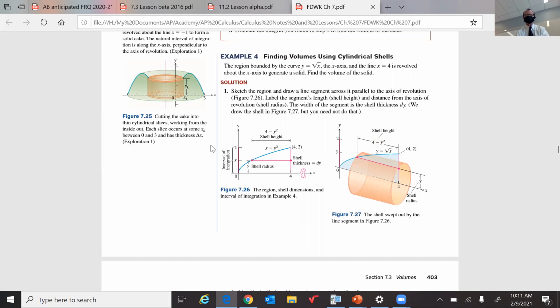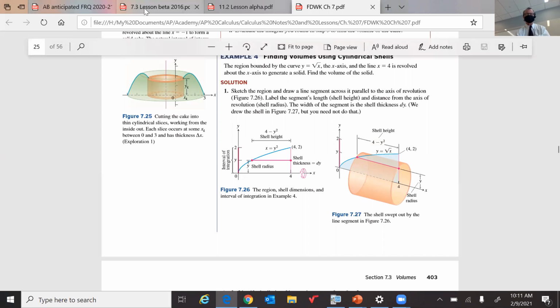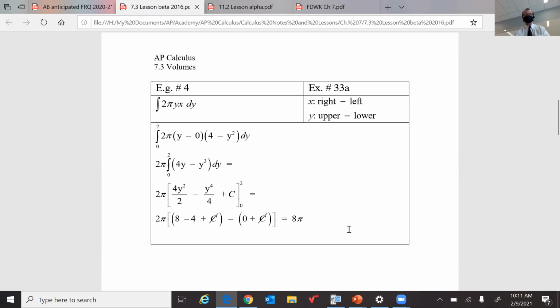So now what? Well, I go back to the PDF, and I'm saying this. To set up this volume, I'm going to do 2 pi r h. And the radius of that can is the y value. Make sense? You've got to go back and forth between the PDF and the textbook.